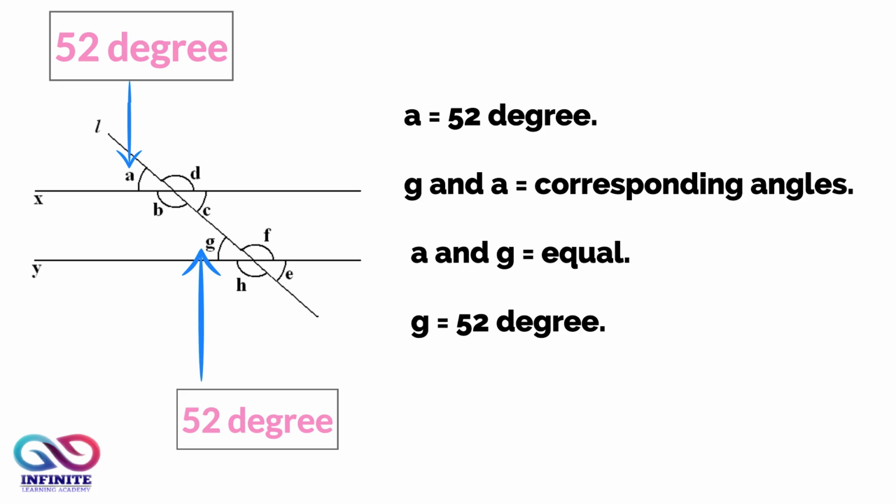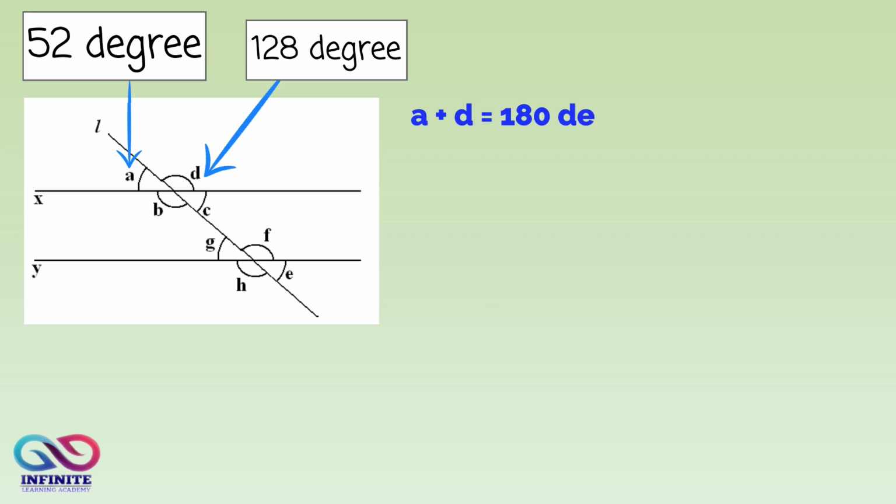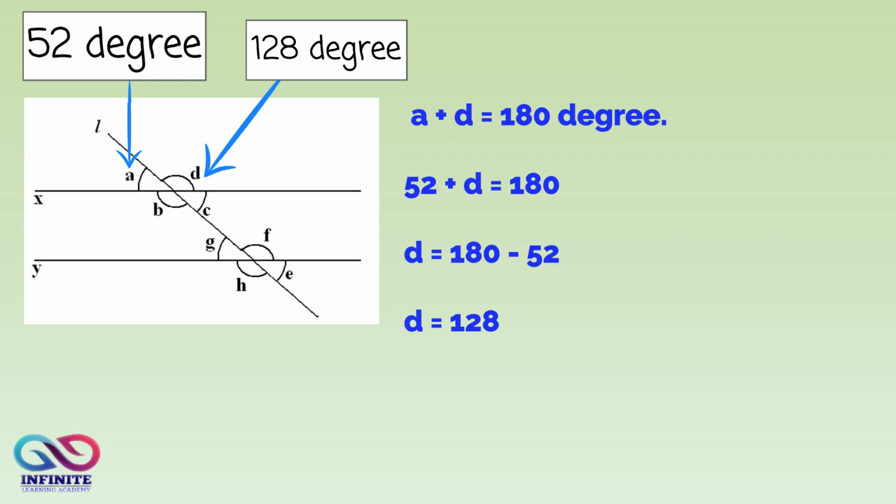Therefore, G equals 52 degrees. We know that a straight angle has a measure of 180 degrees. So, angle A plus angle D equals 180 degrees. 52 plus angle D equals 180, angle D equals 180 minus 52. Angle D equals 128.